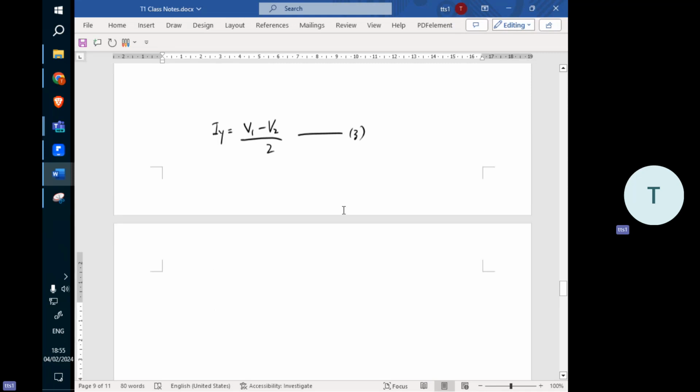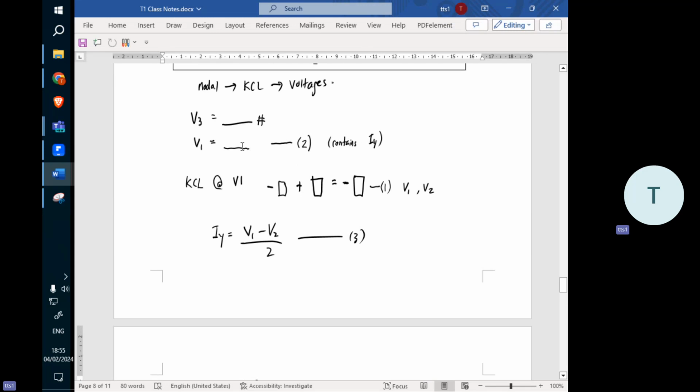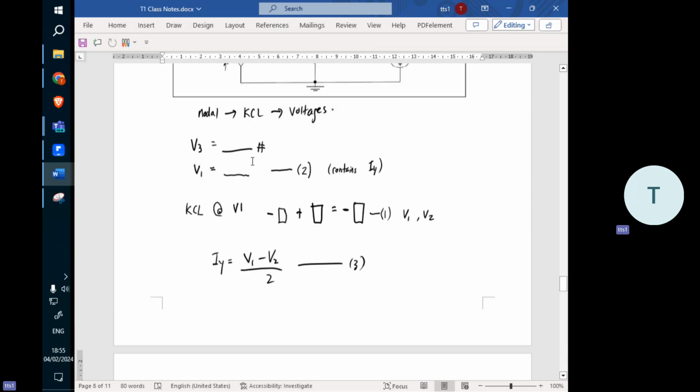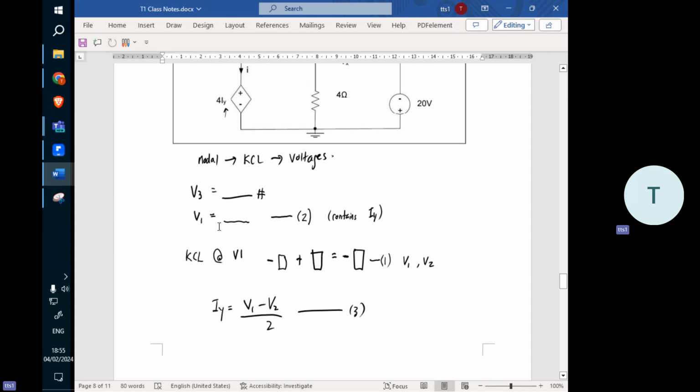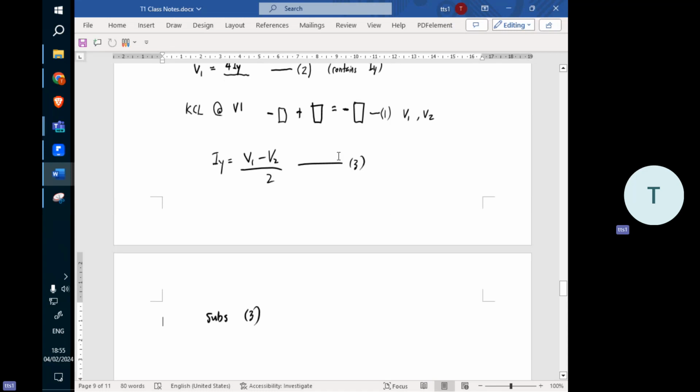We substitute 3 into 2. This one is the 4 times I1. Substitute 3. Now you get the idea, right?